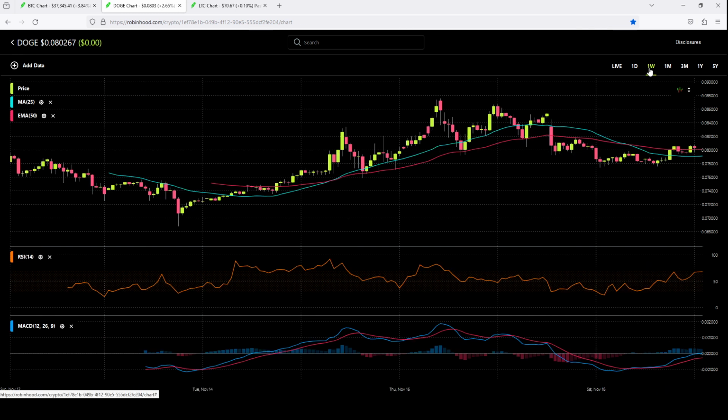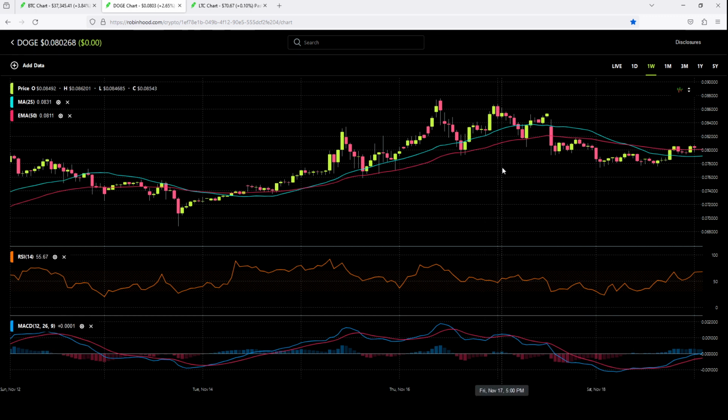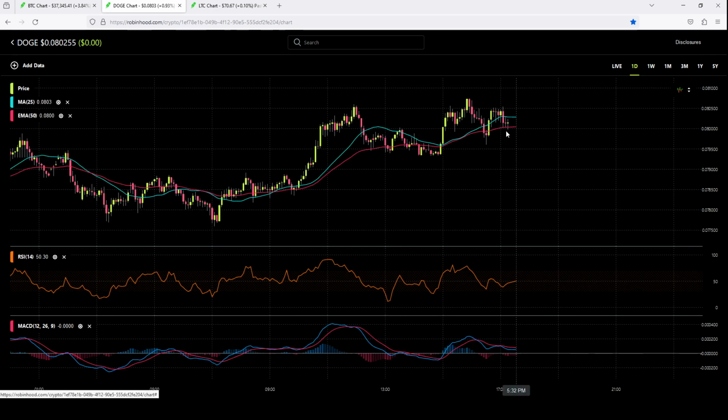So let's go back down to the weekly. And you'll see that the RSI is now above 50, and the MACD is almost in the positive, heading higher. Go to the daily, you'll see it is trending up.